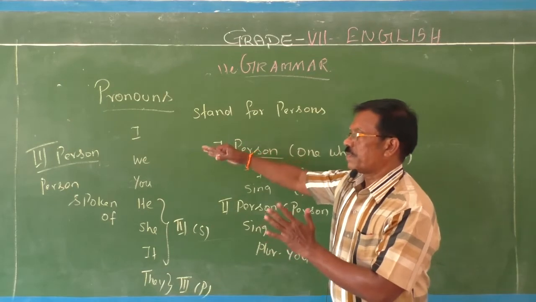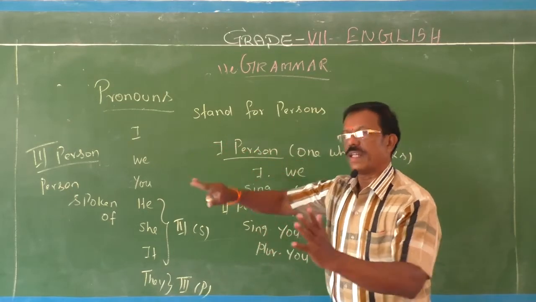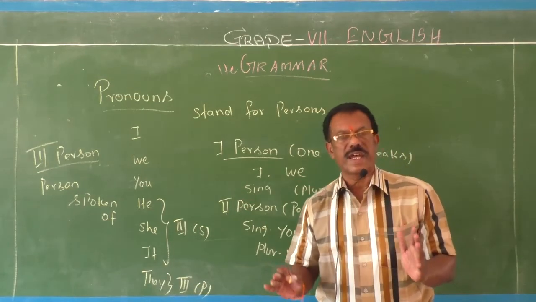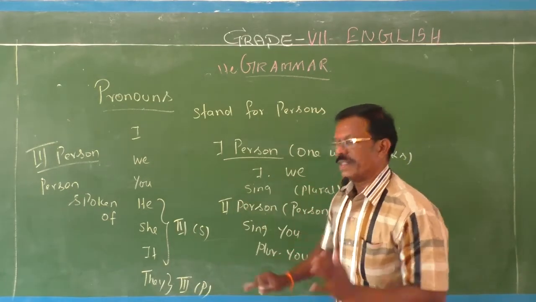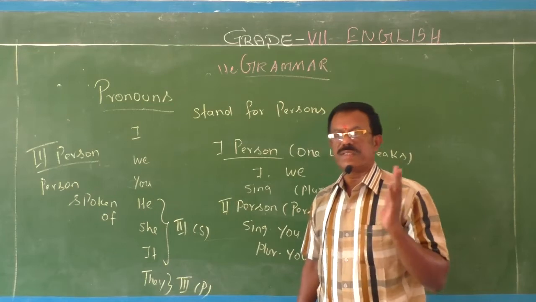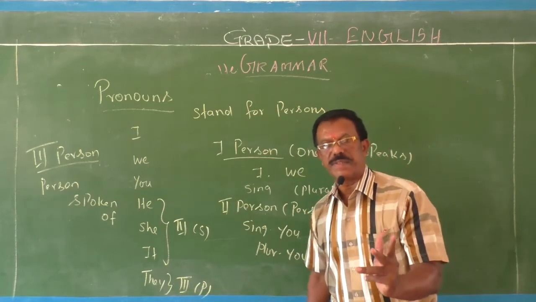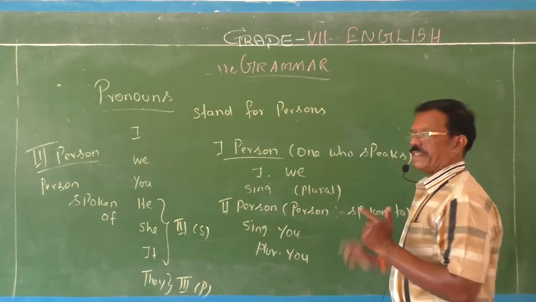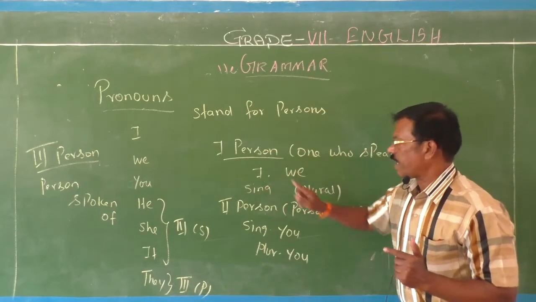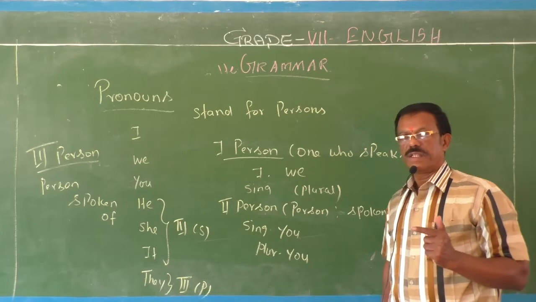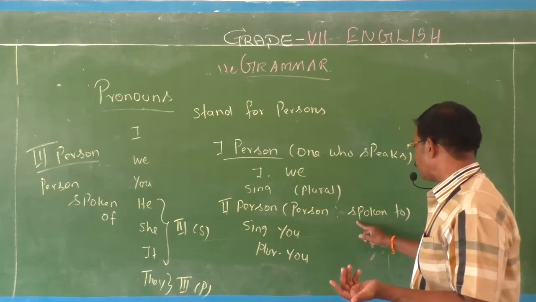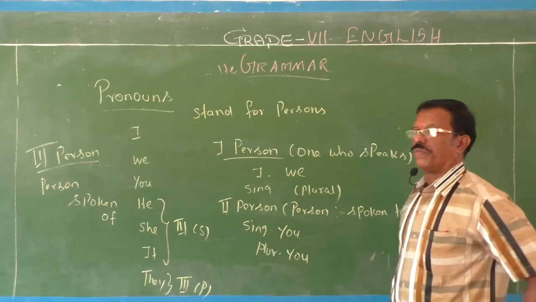So now, dear children, I hope you could follow me. Pronouns are special nouns used for other nouns. We call them personal pronouns because they stand for persons. There are three persons in English: first person, second person, and third person. First person refers to the one who speaks. First person singular, I. First person plural, we. Second person is the person who is spoken to.